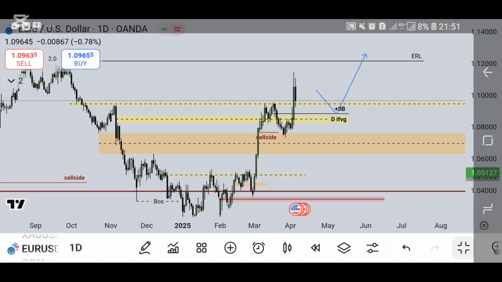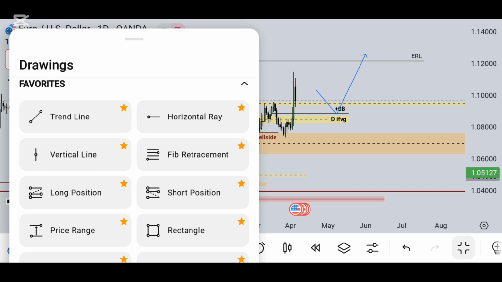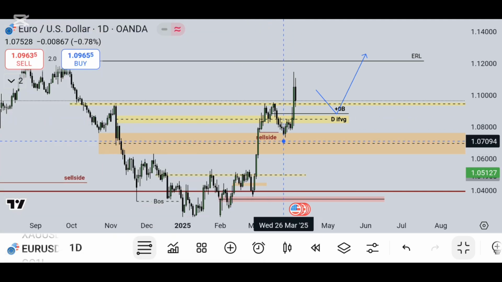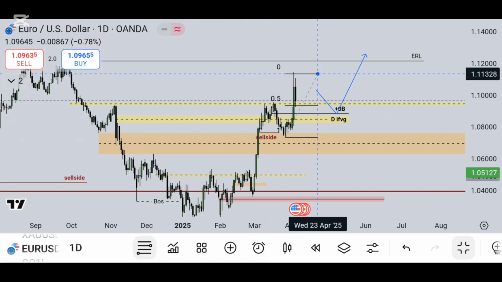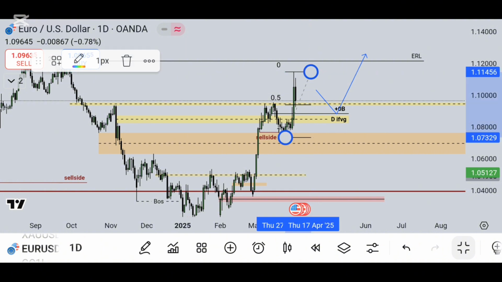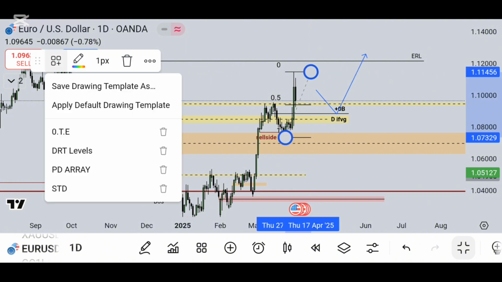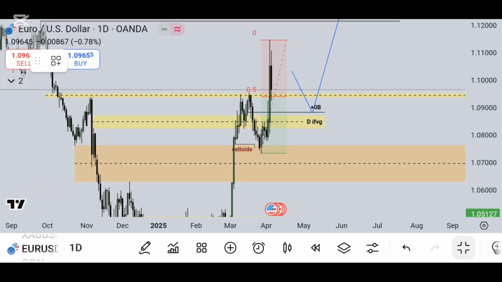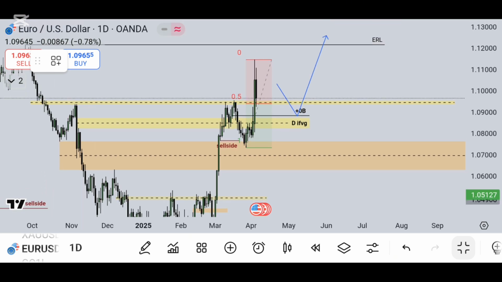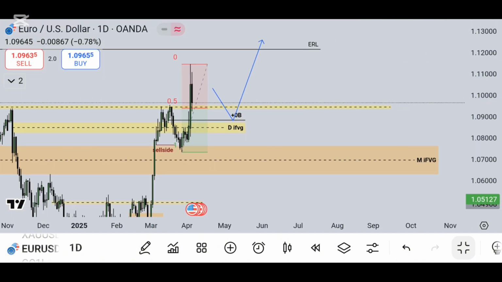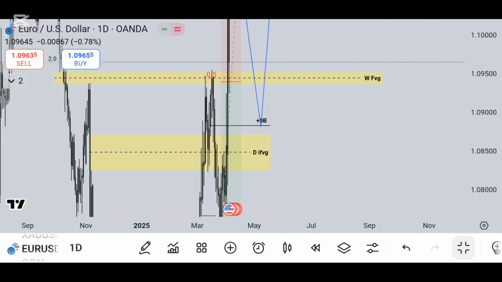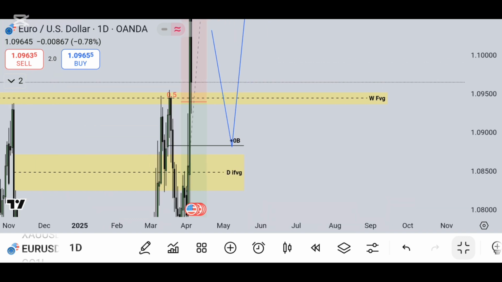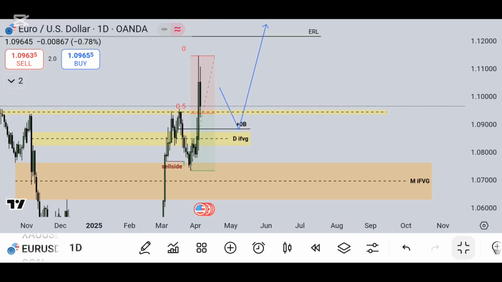And if we are to measure our premium discount just to get a re-entry, right? The weekly order block is in the discount zone, while the weekly FVG is the equilibrium, which is also good.